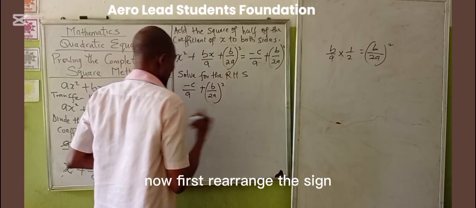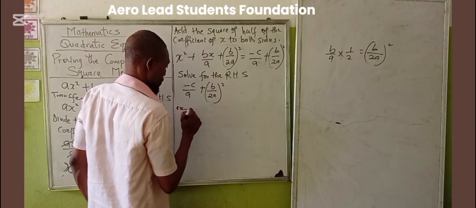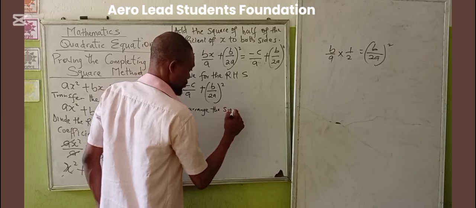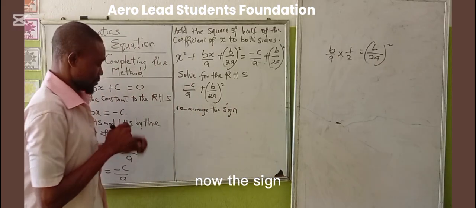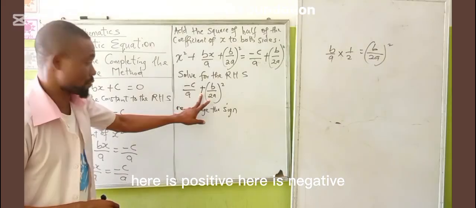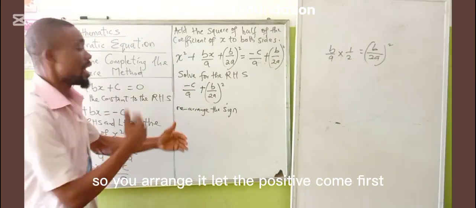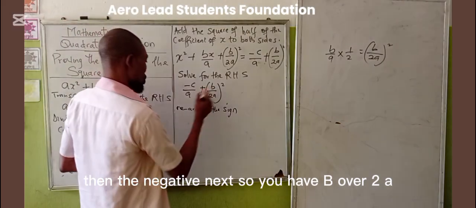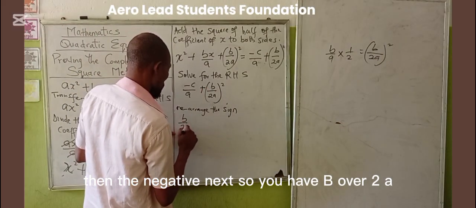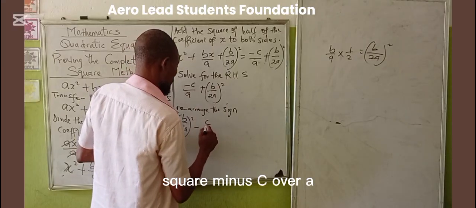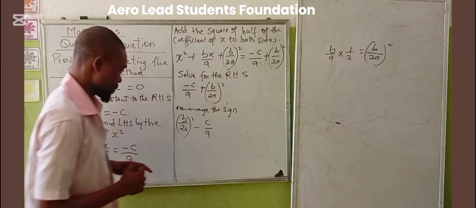Now, first, rearrange the sign. Now, the sign here is positive, here is negative. So you arrange it. Let the positive come first, then the negative next. So you have b over 2a squared minus c over a.